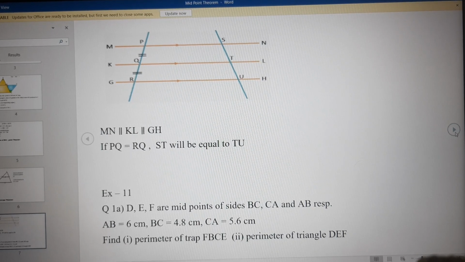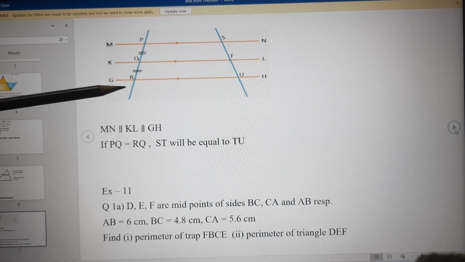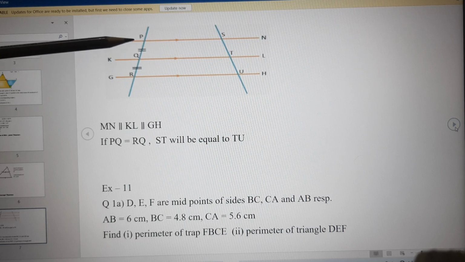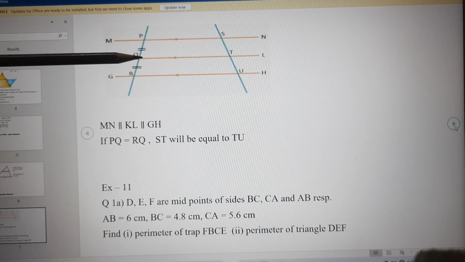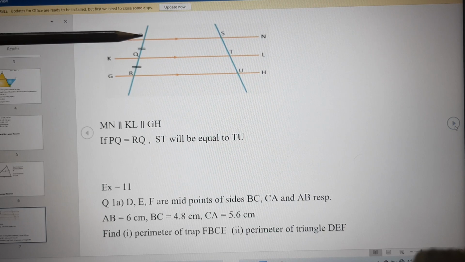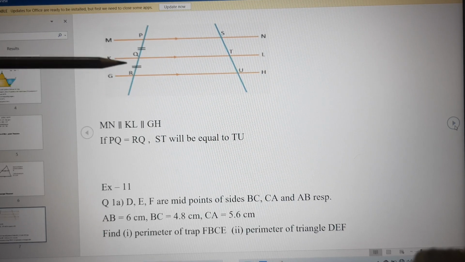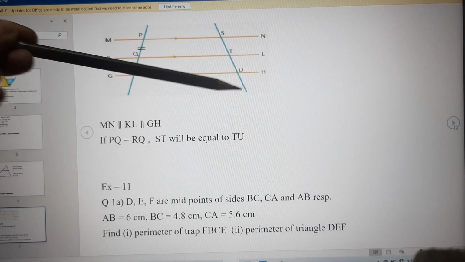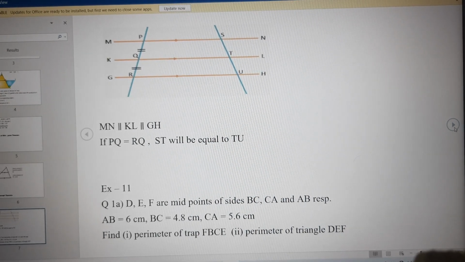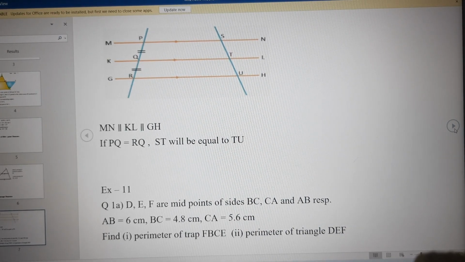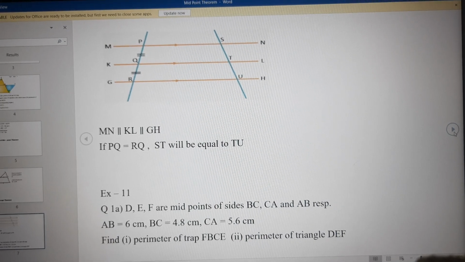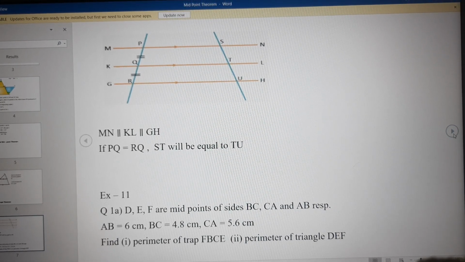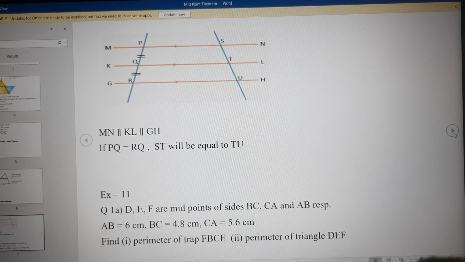Equal intercept theorem says that if 3 lines are parallel to each other and PQ is equal to RQ, means the intercepts of one intersecting line are equal, then intercepts by the other intersecting line will also be equal to each other. Fine. Now moving on to the questions. I'll pick up question number 1A from your exercise.